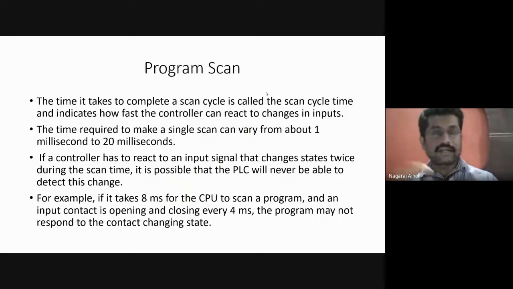If in between this program scan cycle there is a change in the input, will it be reflected or not? It will not be reflected. It will be reflected only after the completion of the first program scan cycle. Once it completes its cycle time, only after that will whatever input has been updated be reflected. Until the completion of the previous scan cycle, it will not take the values of the next scan cycle. This point is important.